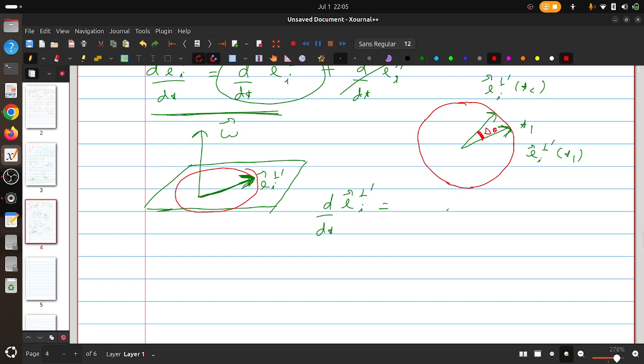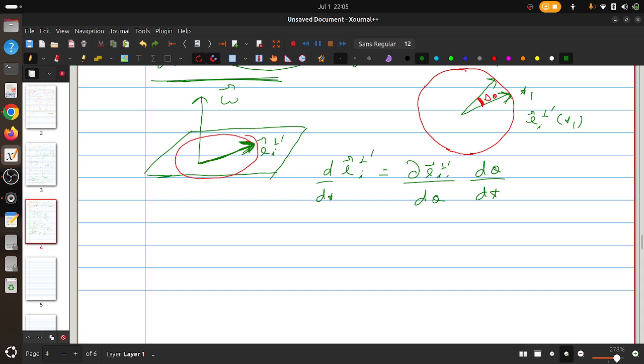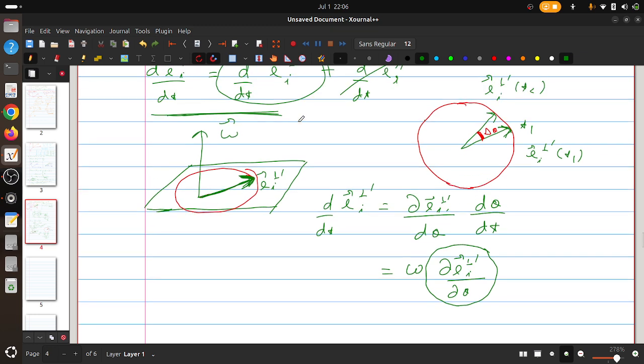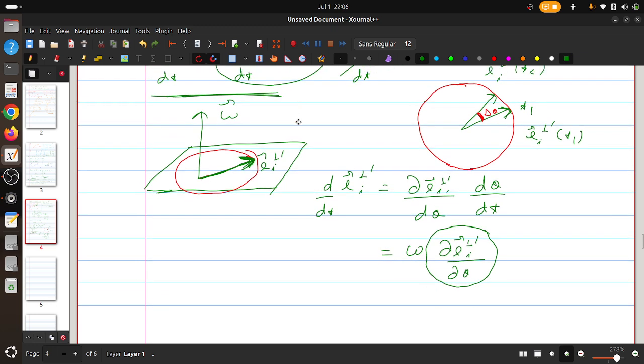So this expression here we can write as del EI perpendicular prime by d theta, and then this should be d theta over dt, right? This we can write. So this thing would be omega times del EI perpendicular prime over del theta. So we just want to see what is the theta derivative. How does it change with theta? That is easy to see directly, right?